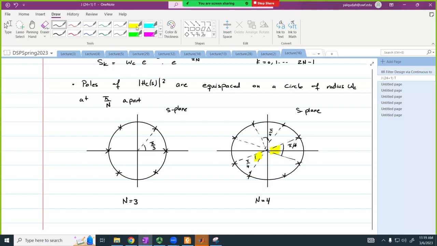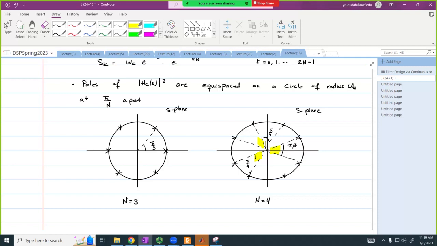How can we have poles on the right half plane if this filter is stable? They cancel each other out. Okay, that's one option. What else? Can we have poles on the right half plane if the filter is stable? We can't.